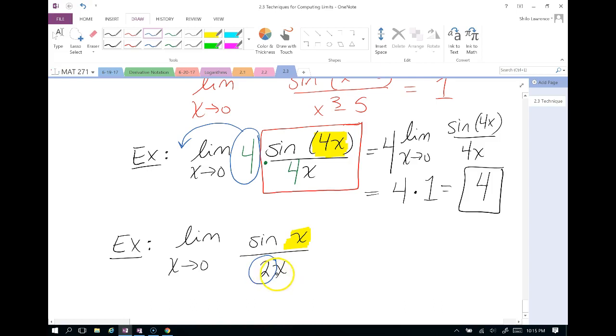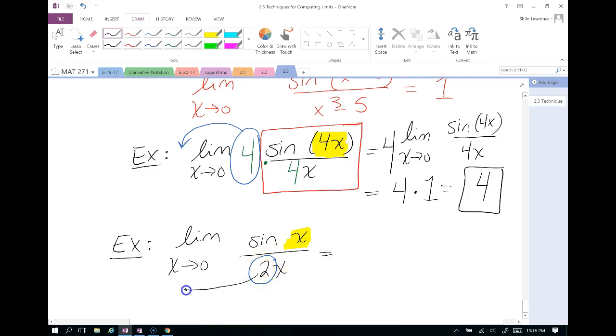Those two terms, actually they're not terms, they're factors. Those two factors in the denominator, they're not committed to each other. They're just kind of sitting there next to each other. We're allowed to separate them. We can pull that 2 out to the front the same exact way we pulled the 4 out front in the last problem. You just need to be careful because the 2 is in the denominator.